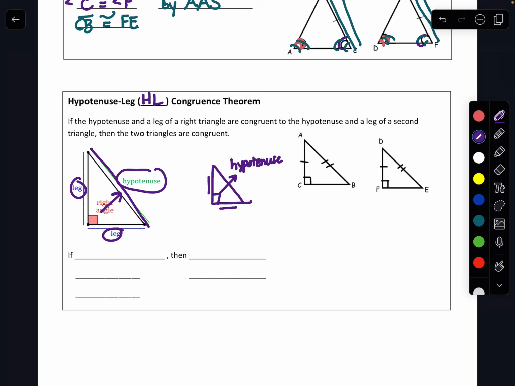All right, in this theorem, if you've got a leg, either of the legs, that are congruent with each other on the 2 triangles, and the hypotenuse, this is the hypotenuse, and this is a leg, and this is a leg. All right, so it's saying that CA is congruent with FD.